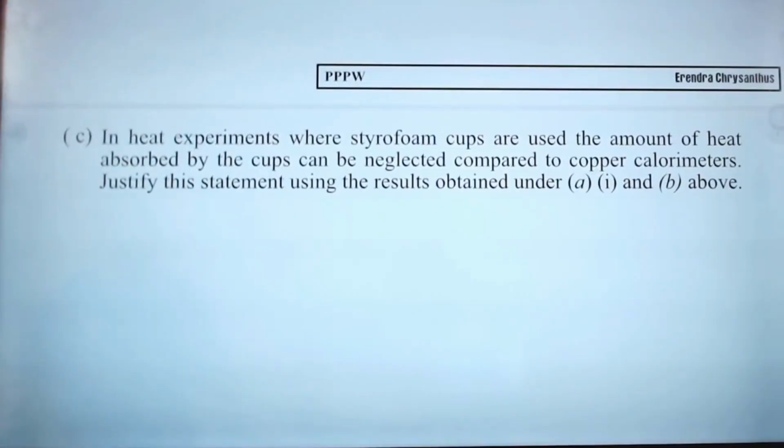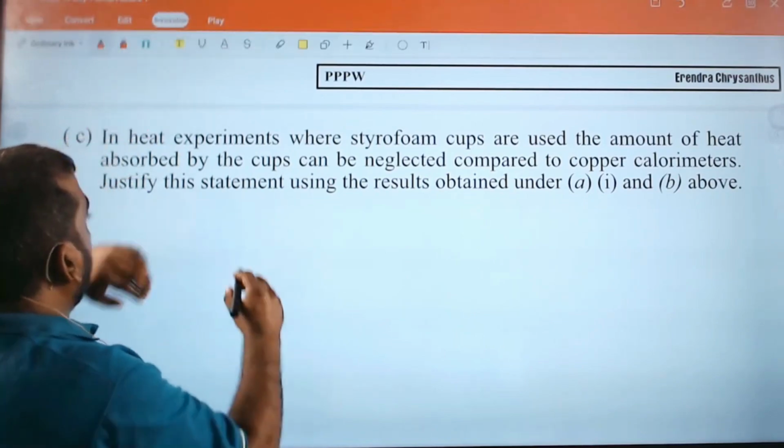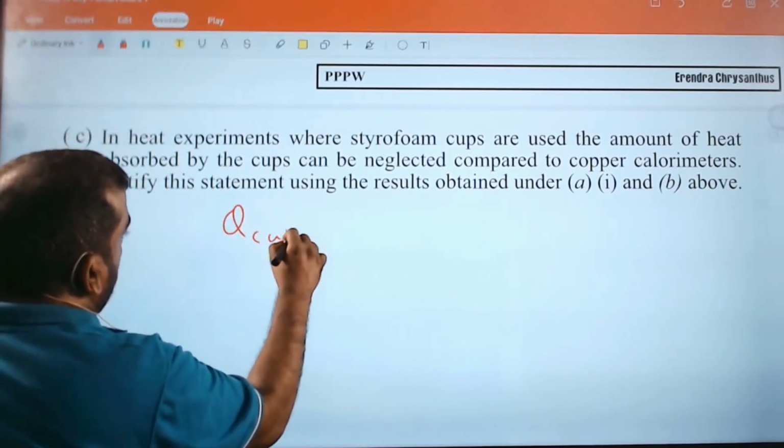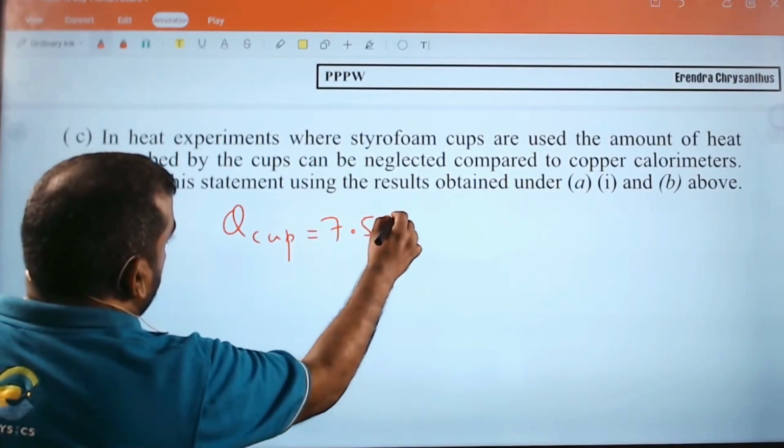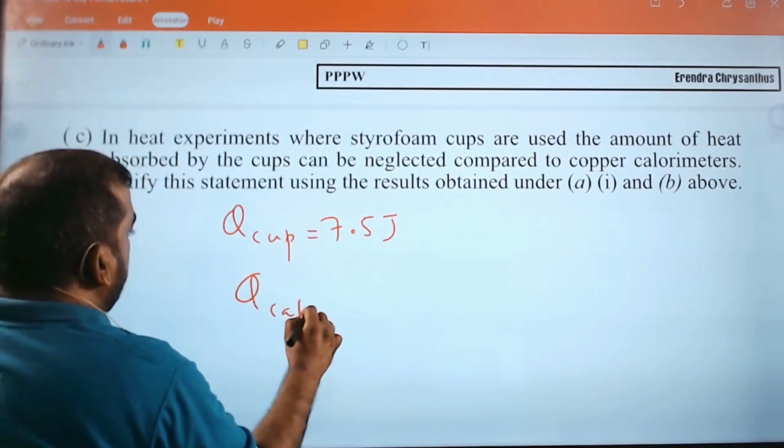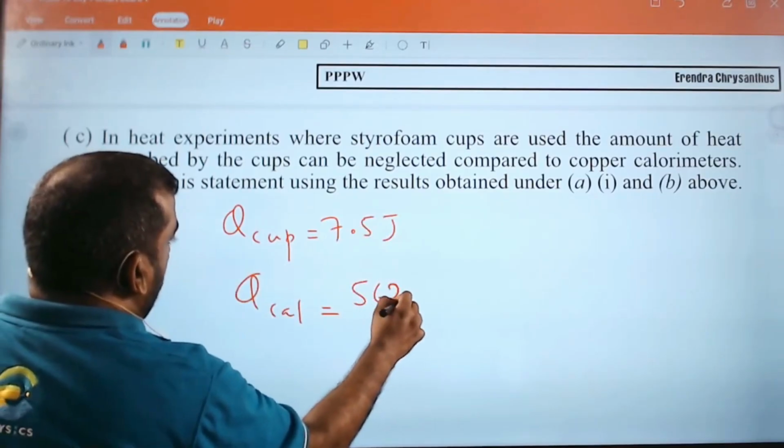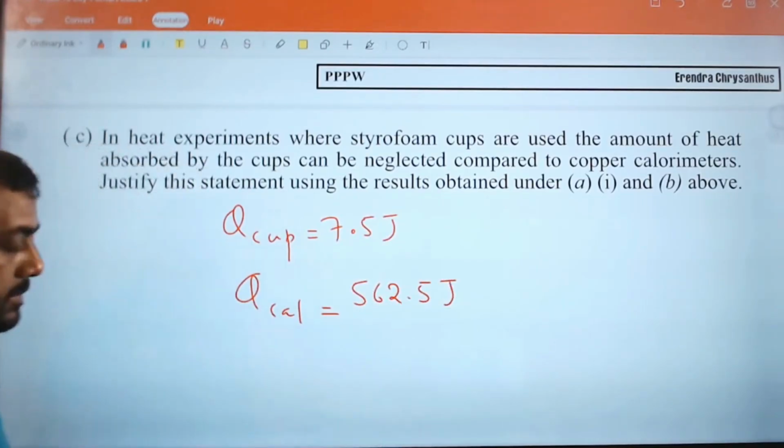In heat experiments where styrofoam cups are used, the amount of heat absorbed by the cups can be neglected compared to the copper calorimeter. Justify your statement. Heat absorbed by the cup is 7.5 joules. Heat absorbed by the calorimeter is 562.5 joules.